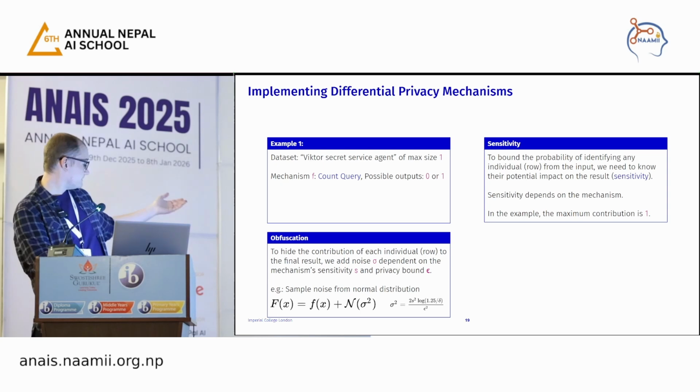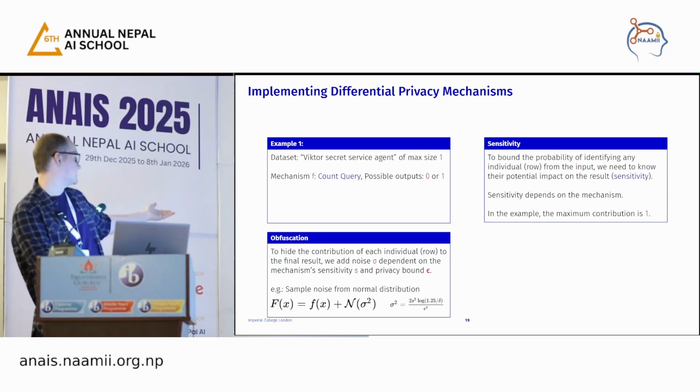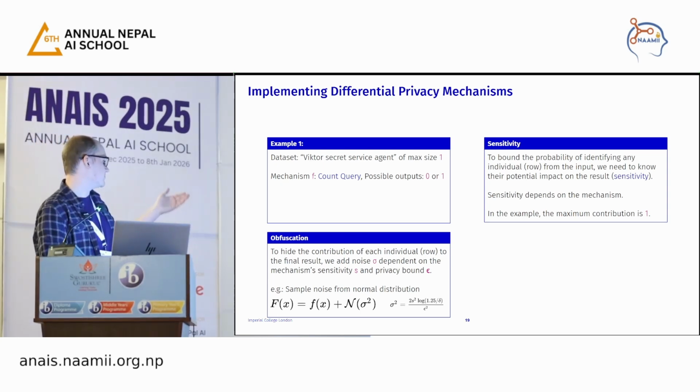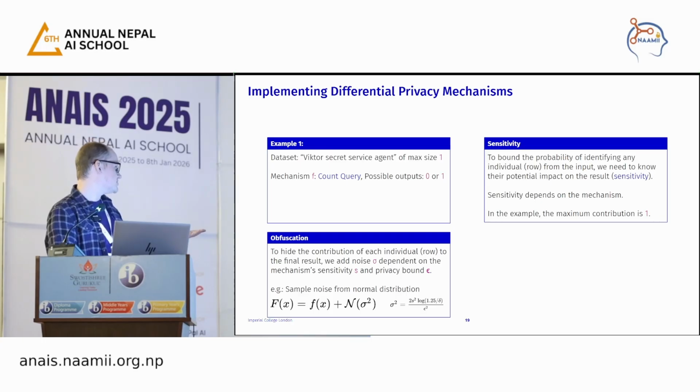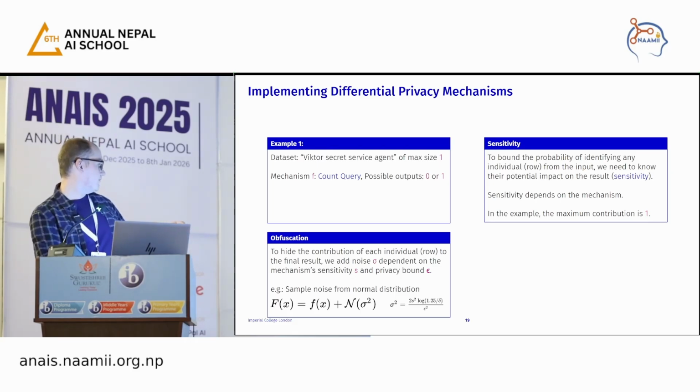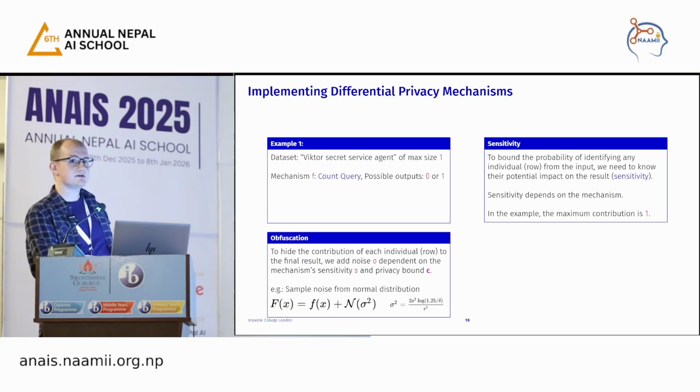So essentially, as I mentioned, one of the mechanisms to add noise here is the Gaussian mechanism, where we sample from the normal distribution. And if you look into the literature, there's an exact calculation of how exactly you obtain this. The point is that it depends on the epsilon: the more privacy you want to guarantee, the more noise you add.